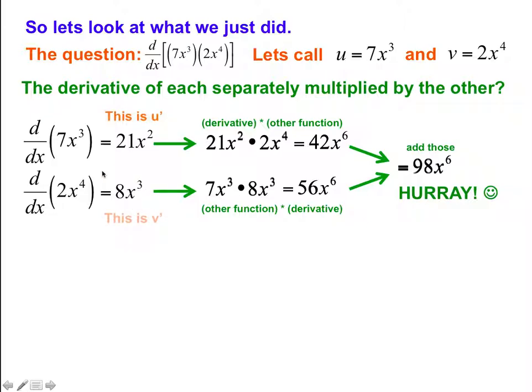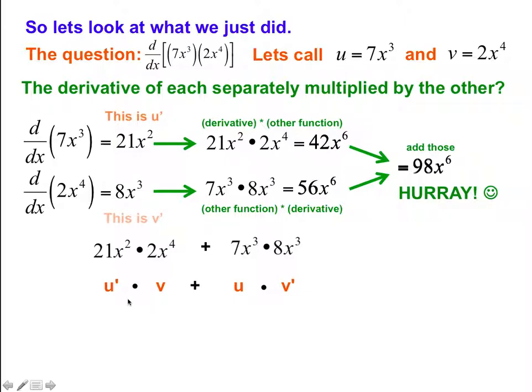And then this derivative is v prime, because that's the second one. And so this becomes u prime times v. And then we added them together. And this becomes u times v prime.